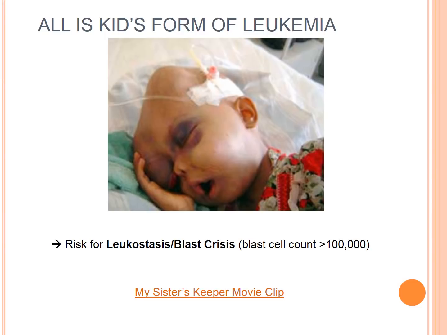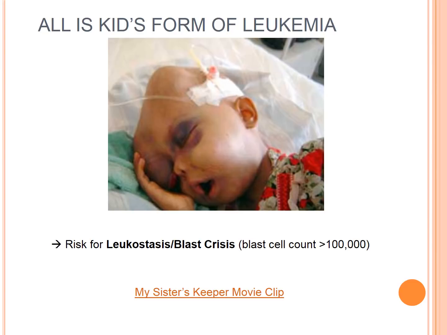So your acute lymphoblastic leukemia, or ALL, is typically a pediatric form of leukemia. So it affects children, and as stated in its name, it is acute, and it affects the lymphocytes in the bone marrow. Okay?